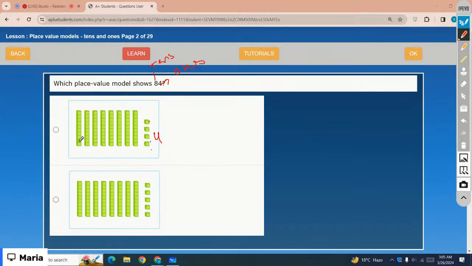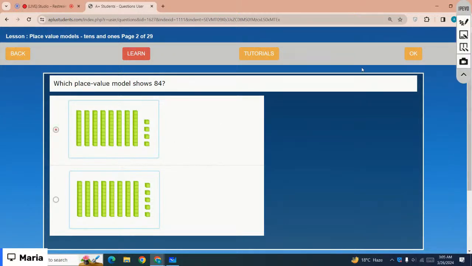Just count the tens: 1, 2, 3, 4, 5, 6, 7, 8. You have 8 tens. So option number 1 is the correct option. That is the one that makes 84. Got it? Option 1 is the correct option.